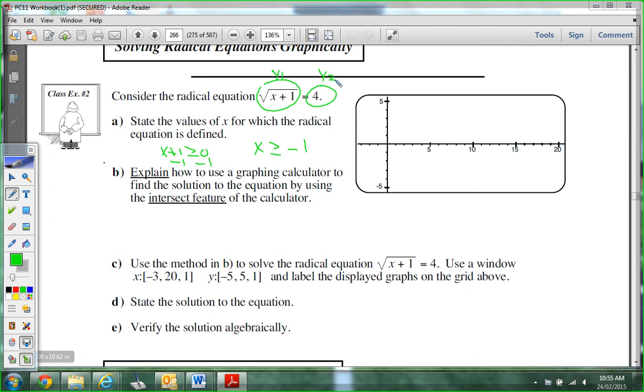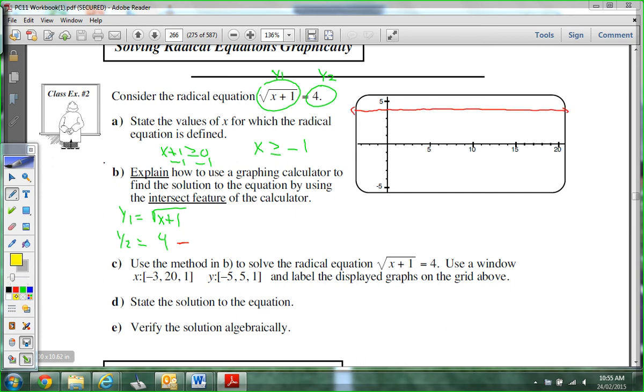In y1 you're going to put square root x plus 1. In y2, just that next y equals, you're going to put in 4. And that's going to produce a graph that looks like so. This guy I'm going to make red. It's going to be just a flat line at 4.